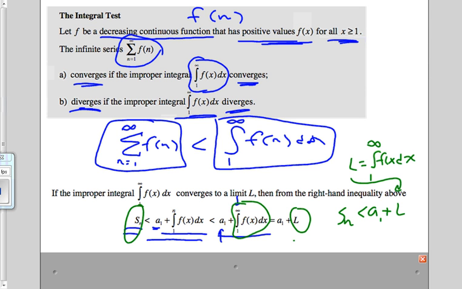So therefore, if we can show that this integral converges to some value L, then we know that the series will converge to a number.